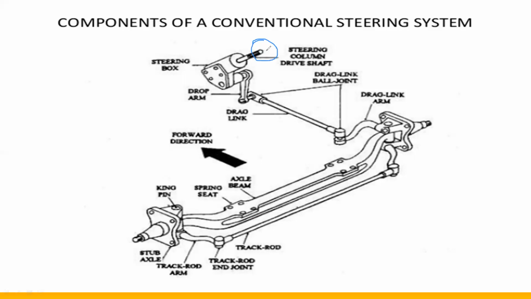In the steering box, we place different types of gears for the motion conversion. In that motion conversion, the rotary motion is converted into angular motion of the steering system.